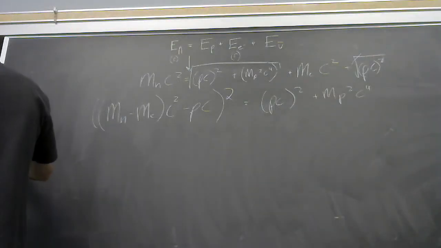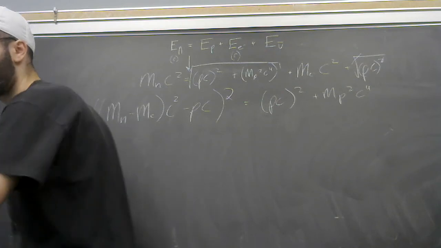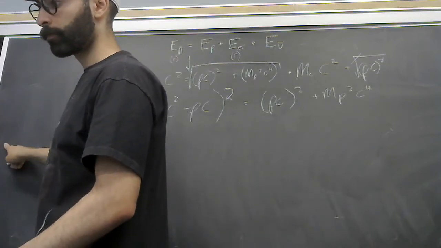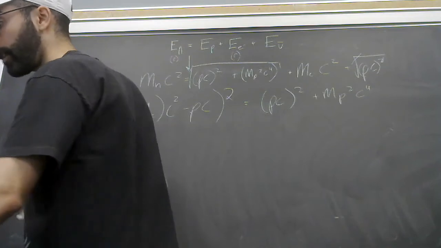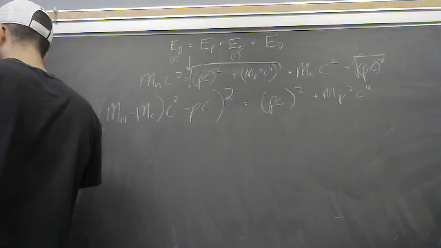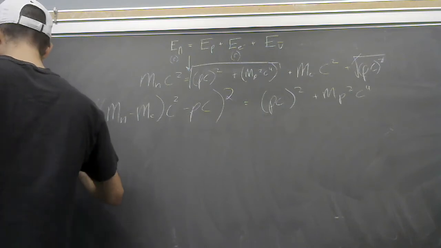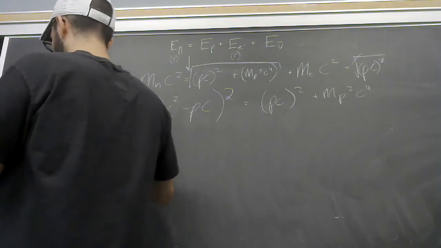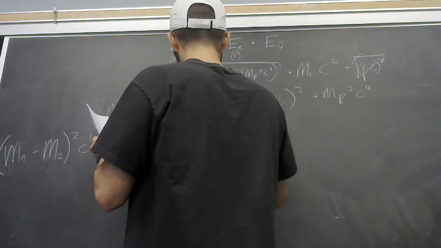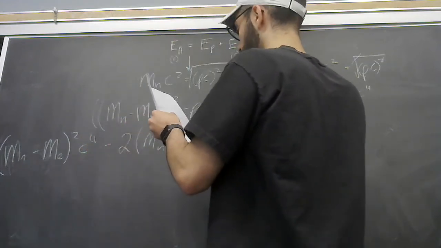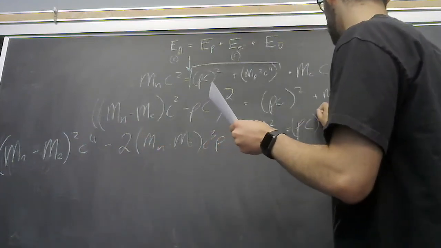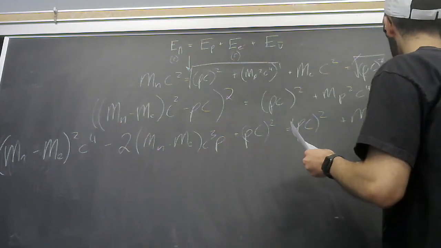So from this, we're going to have (mn minus me) squared c to the fourth, minus 2 (mn minus me) c cubed p, plus (pc) squared, equals (pc) squared plus mp squared c to the fourth.